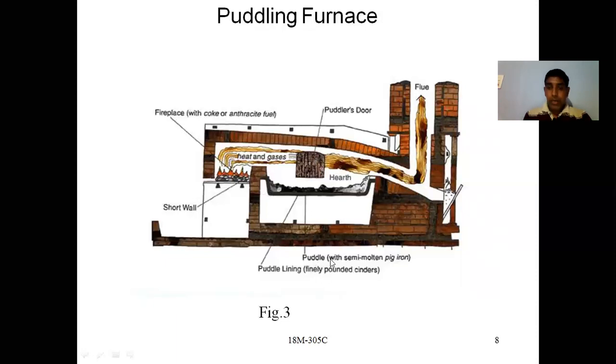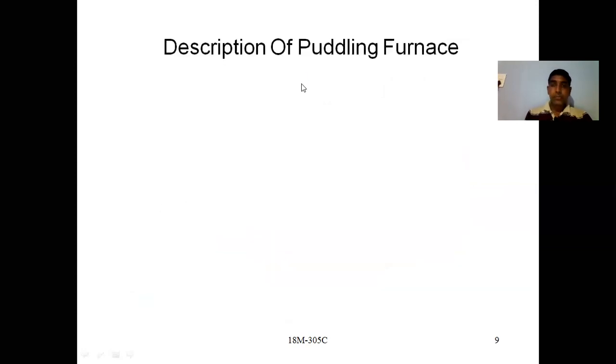So with a semi-molten pig iron, you are sending the molten pig iron here, and puddle lining. That means you are having lining here, finely pounded cinders inside. And later you are sending this one to the chimney. That means the hot gases, the flue gases, are sent to the chimney. So this is the main construction of a puddling furnace.